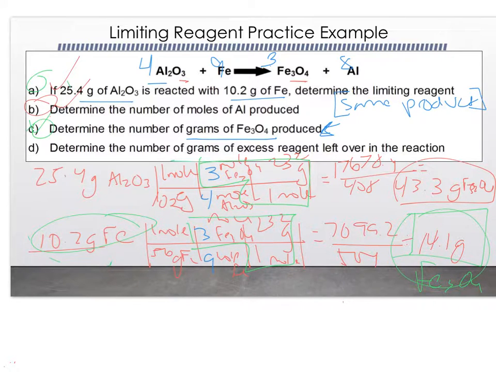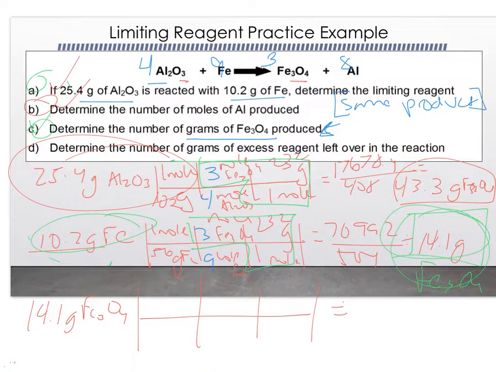And then the last question, we have to determine the grams of excess reagent left over in the reaction. Well, if only 14.1 grams of Fe3O4 was produced, we have to do a gram conversion back to our excess reagent, which is our aluminum oxide, to determine how much was actually used.